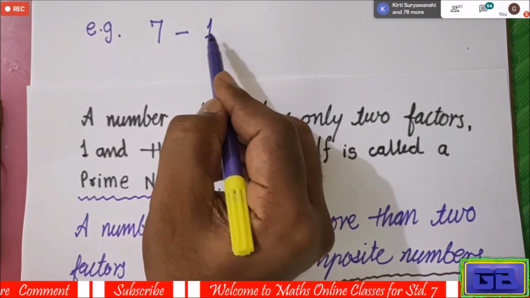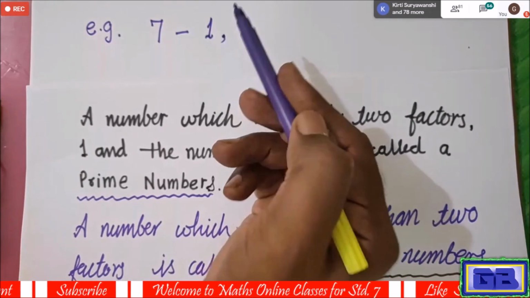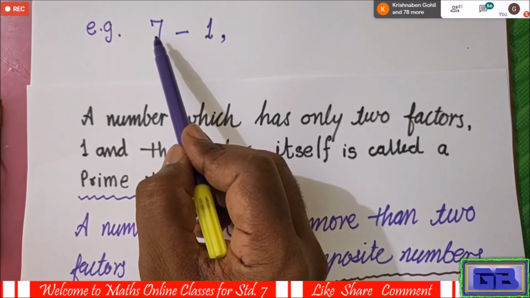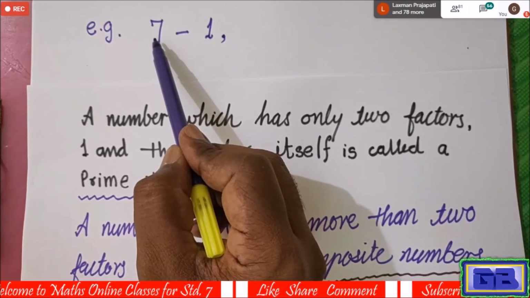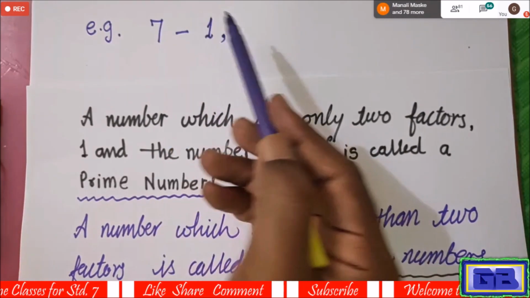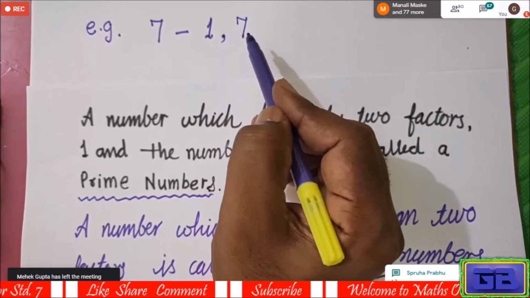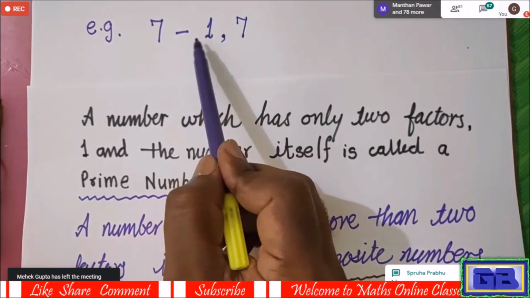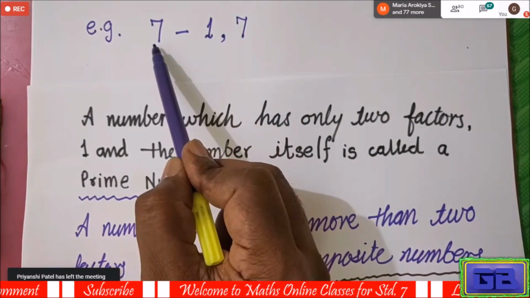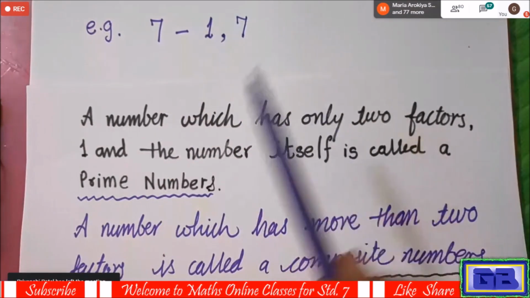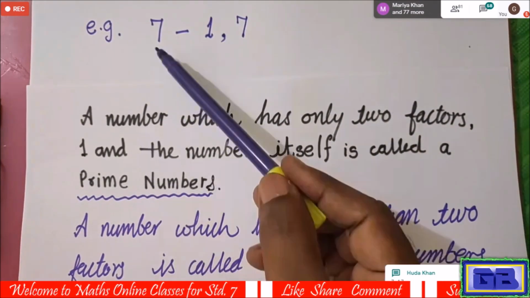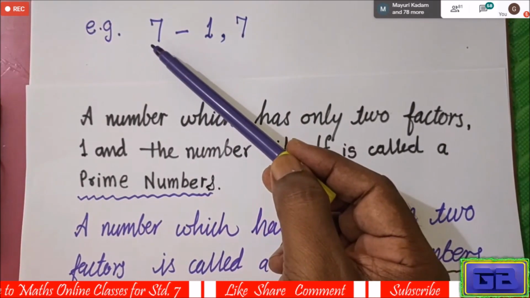Always the first number is 1, as it is not divisible by 2, not divisible by 3, not divisible by 4, 5 or 6. Straight away 7. Therefore 1 and 7 are the only two factors of 7. Therefore this number fulfills the definition of prime numbers. Therefore 7 is an example of a prime number.